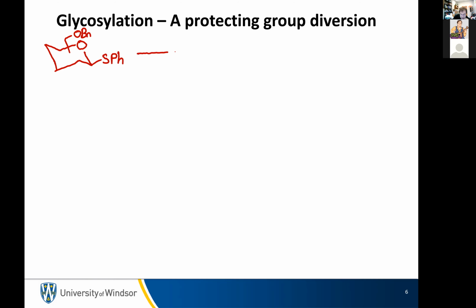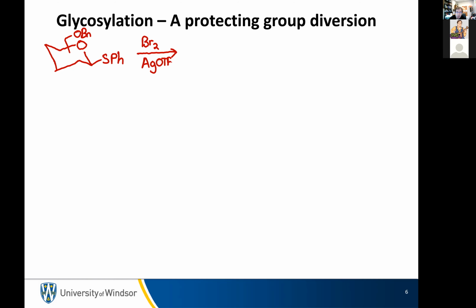Another way to activate this, besides using NIS, is bromine and a silver salt. Now notice I need the silver salt. Bromine itself isn't going to react, which is saying something, because bromine reacts with everything.